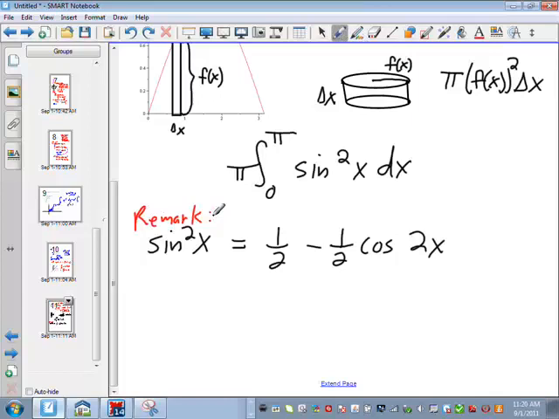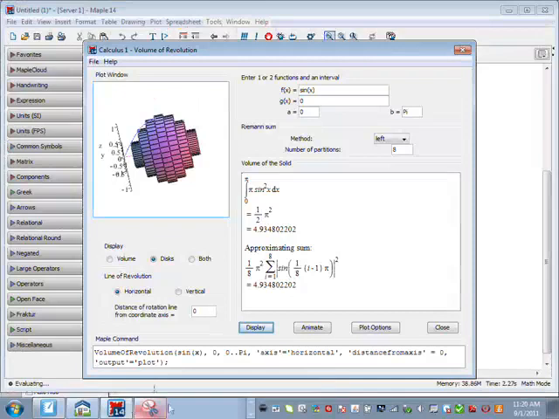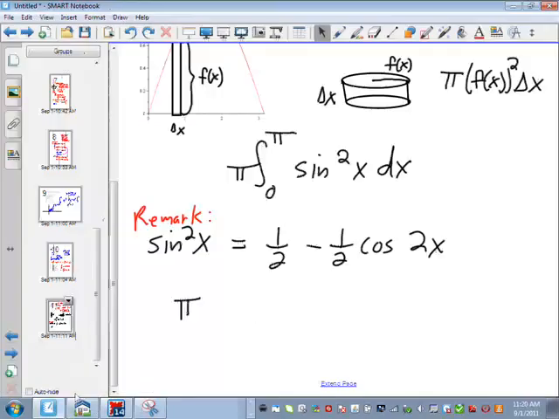And now that we have that, this is a problem we can do. And so now this integral becomes pi times, now again we have to get, what's the answer again? We have to get pi squared over 2. We'll put that in parentheses here. Pi squared over 2.